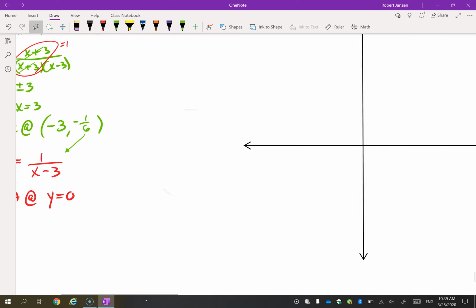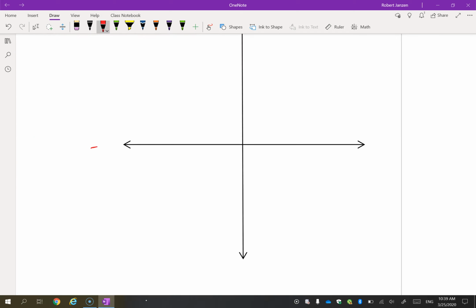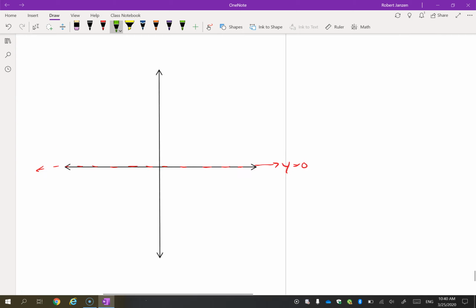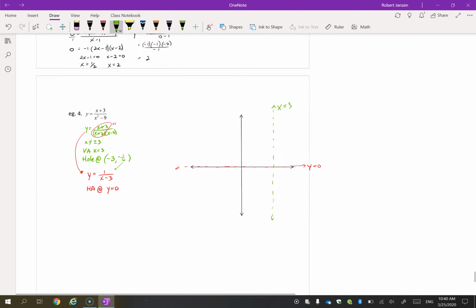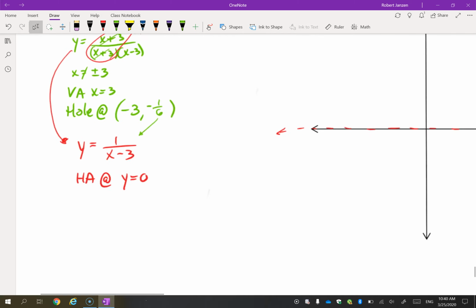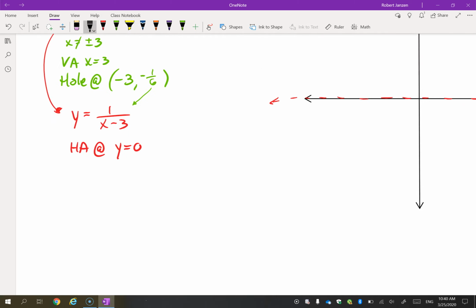Okay, so let's graph that. I have y equals 0. I have x equals 3. And I'm going to save the hole for the end. Okay, let's take a look at what the graph looks like first. So x-intercept, y is 0. And remember, I'm using the simplified version.